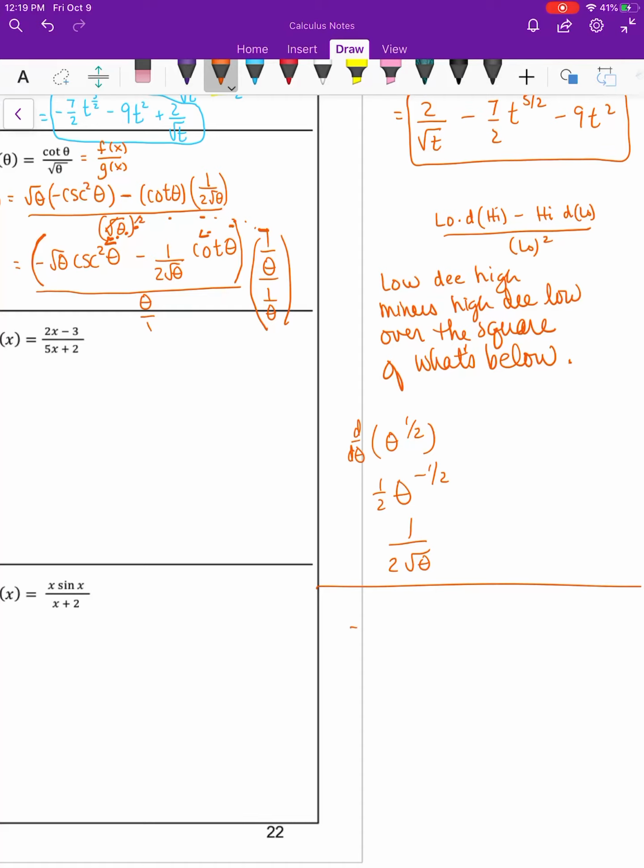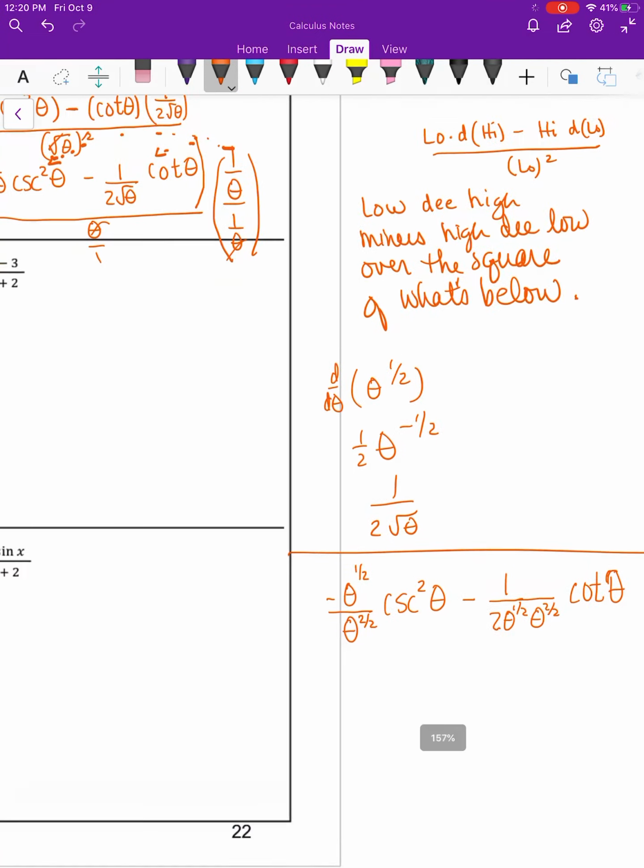So when I do that, I get negative, and I'm going to make this theta to the 1/2 over theta to the 2/2, because when I distribute, that's what it's going to look like. Minus 1/2 theta to the 1/2 times theta to the 2/2 cotangent theta. And then this denominator goes away. So now we have to simplify this.